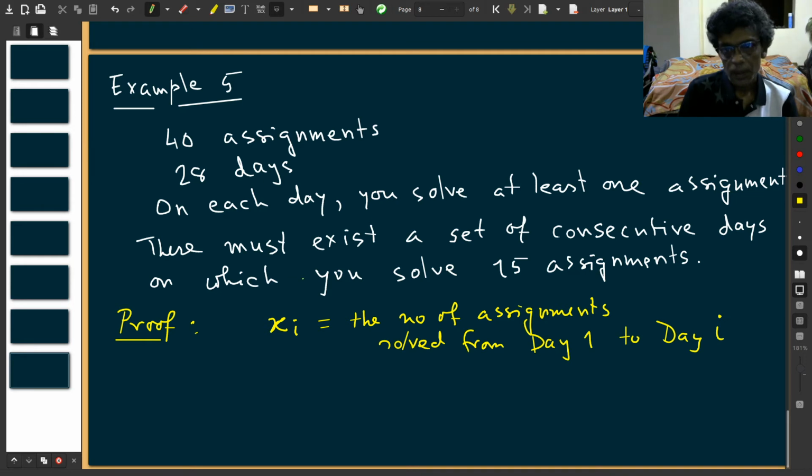Okay. So x1 is equal to the number of assignments you solve on day 1. x2 is equal to the sum of the numbers of assignments you solve on day 1 and day 2, and so on.